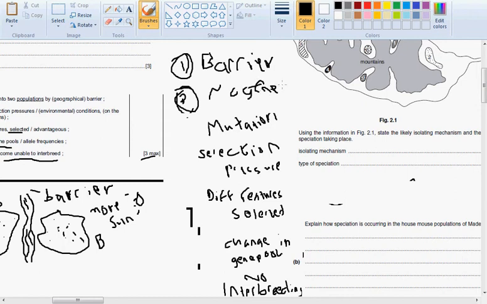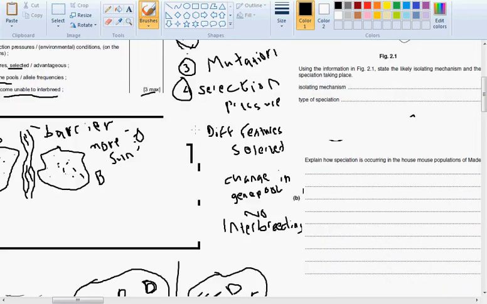There is no gene flow. And then there is mutation. And then there is different selection pressures. Now these 2 points, I left them in the first case because I didn't find them very necessary.